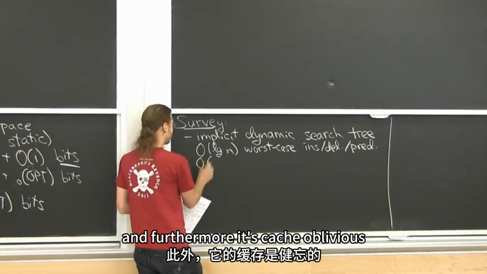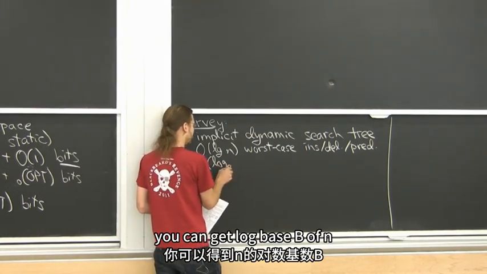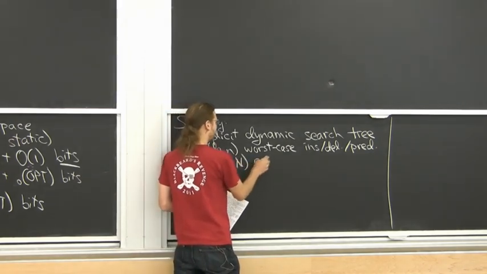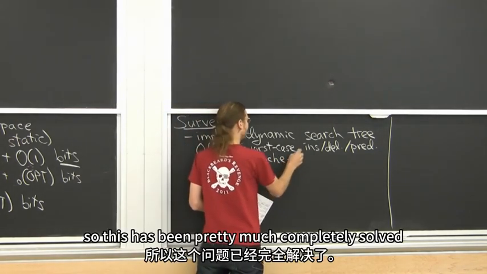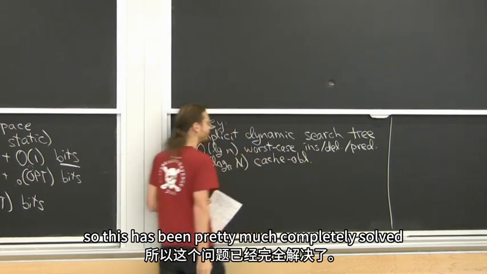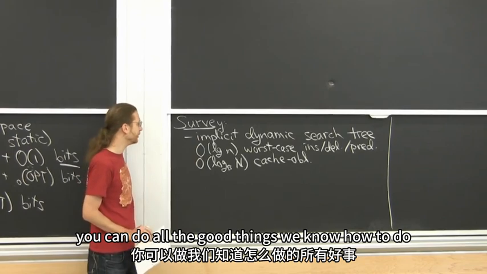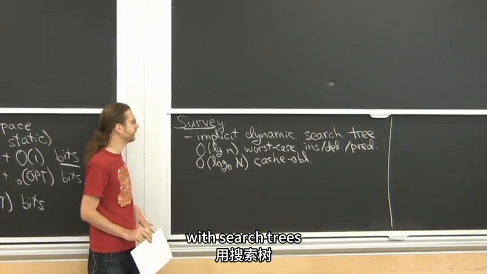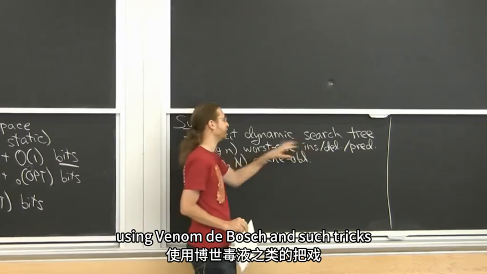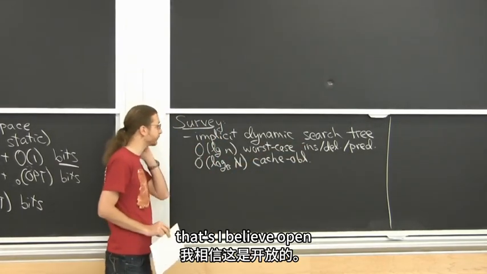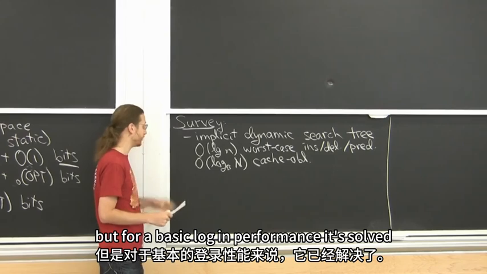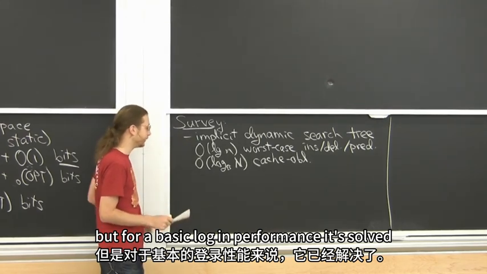Furthermore, it's cache oblivious: you can get log base B of n cache oblivious. So this has been pretty much completely solved. Implicitly, you can do all the good things we know how to do with search trees. This is not trying to solve the predecessor problem using van Emde Boas and such tricks. That's, I believe, open. But for basic log n performance, it's solved.